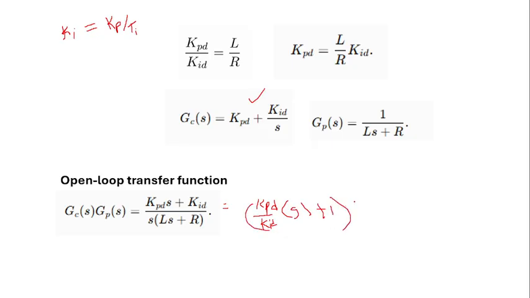If you take Kpd as common, then divided by S into, so this L by R is Kpd by Kid.